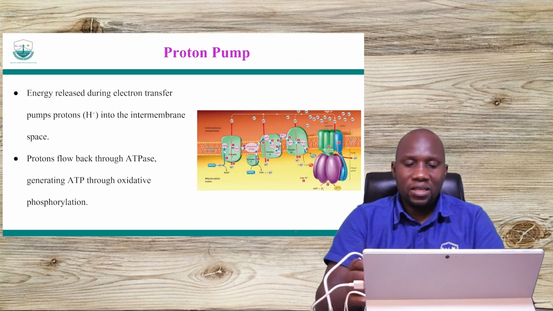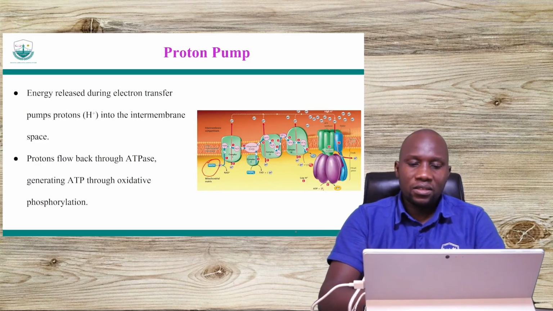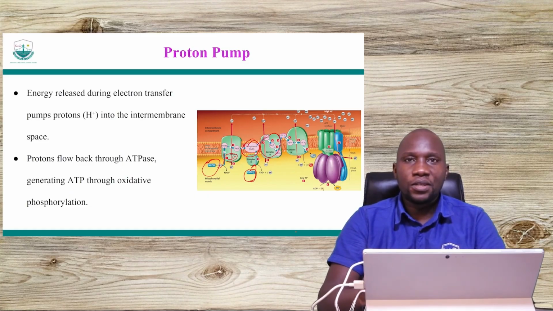Okay, so this is a complex image that can depict what basically happens. You see this gives out these protons, complex 1. You can see this is complex 1. And then you have the FADH2 giving out to complex 2. Both of them give to coenzyme Q, and then coenzyme Q now gives to enzyme complex 3.